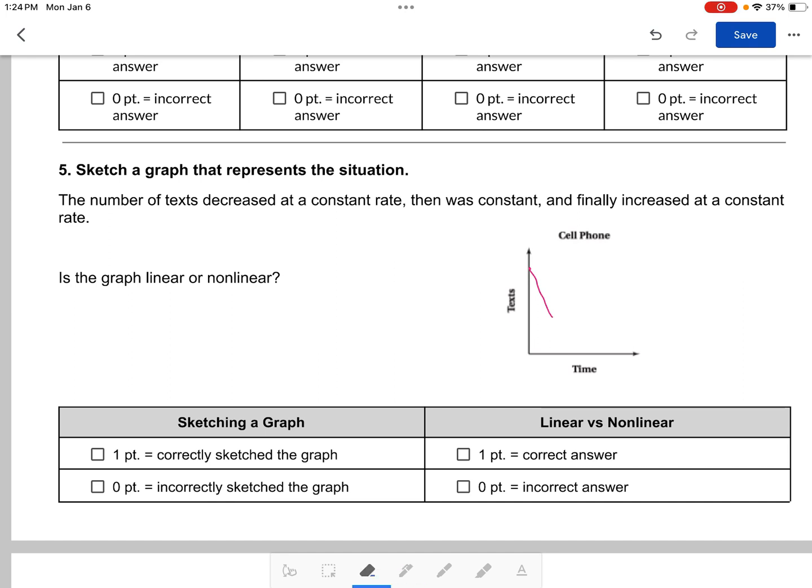Oh my goodness, I cannot draw a straight line. Then it was constant, and finally it increased at a constant rate. This is what the graph should look like. And this is a nonlinear graph.